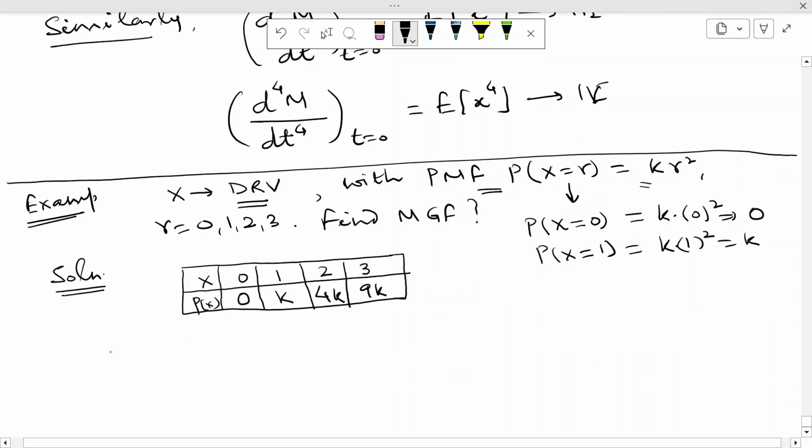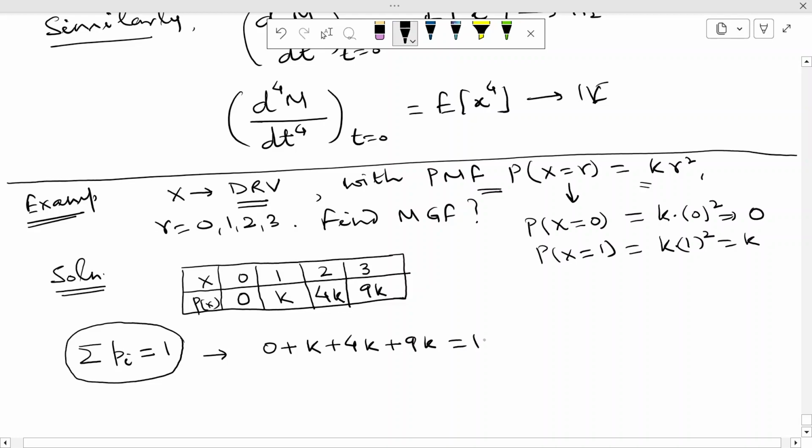Now before we find the moment generating function, first of all we will determine the value of k. Here we will use the property that the sum of all the probabilities is 1. So from here you obtain 0 plus k plus 4k plus 9k equals 1, which gives you 14k equals 1, and subsequently we obtain the value of k as 1 by 14.